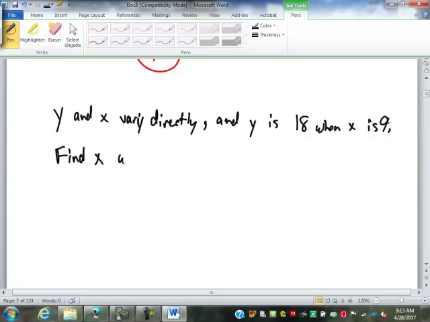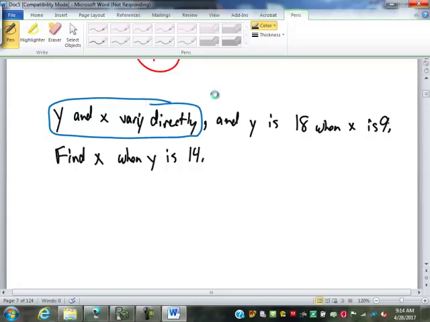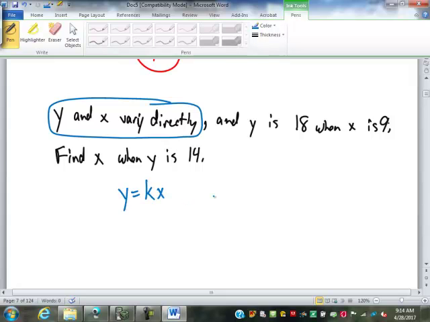Find x when y is 14. So it still has the same three pieces to it. Y and x vary directly. That's the same as saying y varies directly with x. That's telling us y equals k times x.